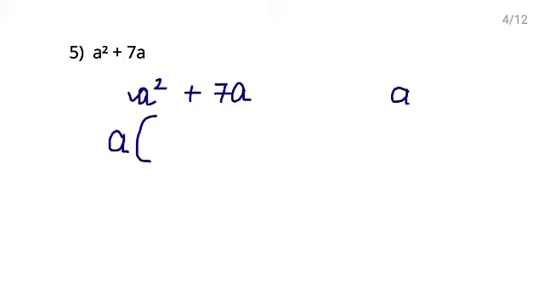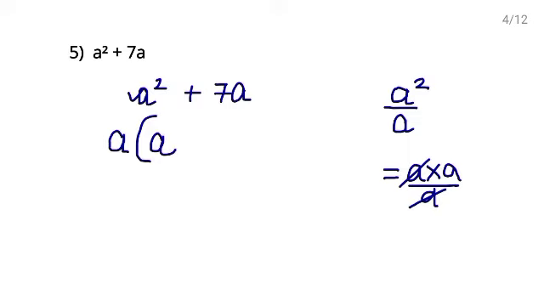अगर आप a स्क्वायर में से a outside the bracket ले रहे हैं, it means a स्क्वायर means a multiply a ना, so आपने एक a तो outside the bracket ले लिया. What do we have now? a, right? आपने a की पावर 1 बाहर ले ली, कॉमन ले लिया, so inside the bracket a raised to the power 1 is left, right?